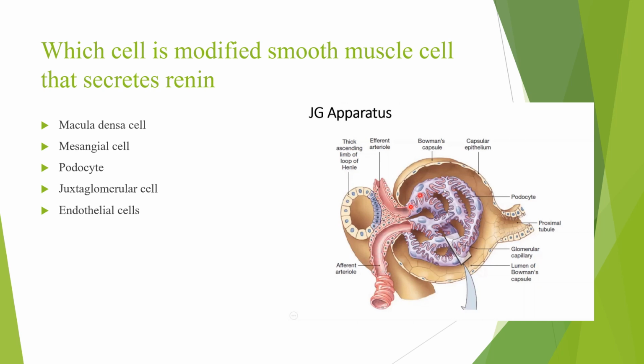This is the efferent arteriole, and the smooth muscle cells of the tunica media of the efferent arteriole are modified to form the juxtaglomerular cells. So this is the correct option. These cells are the extraglomerular mesangial cells.